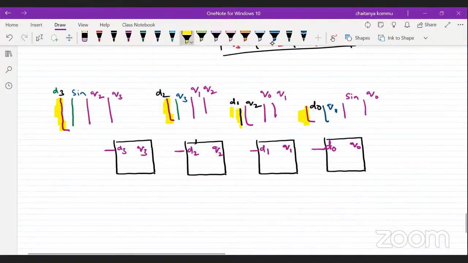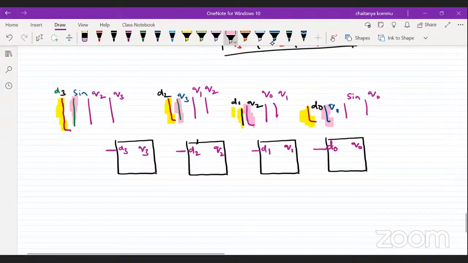First of all, the yellow color input has to go so that it is a parallel loading, right? The second time, this second line has to go as input to D3 for shift right operation. At that time, the D3 signal, this yellow line, and the other signals should not be there.